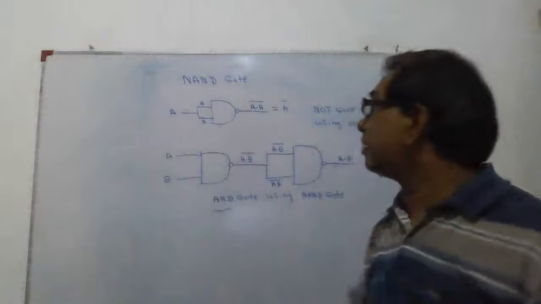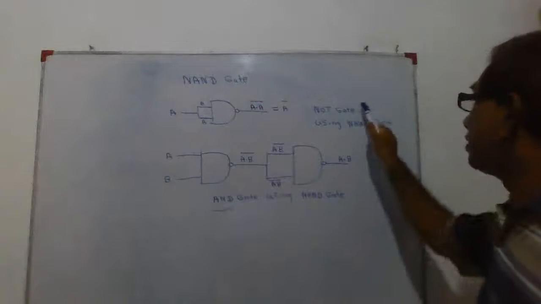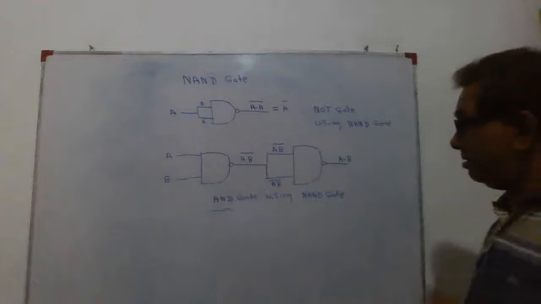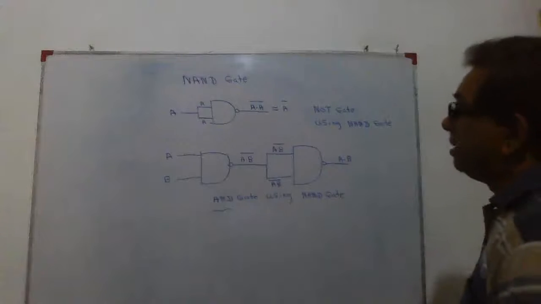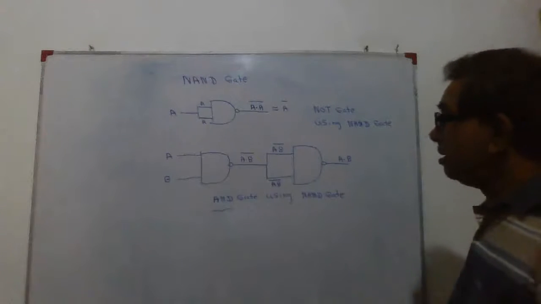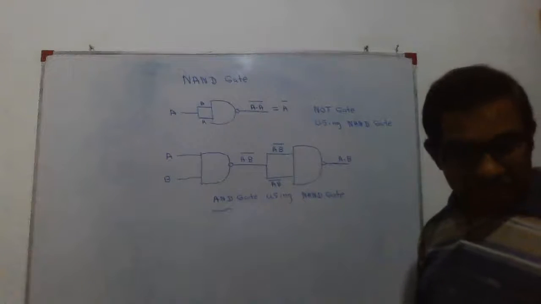Right. Now we know a NAND gate can be used to set up a NOT gate. A NAND gate can be used to set up an AND gate. Then what you need? You need the OR gate also. Right. Let's see.